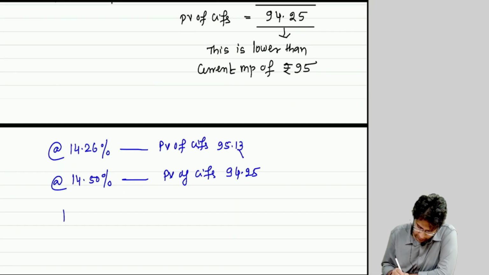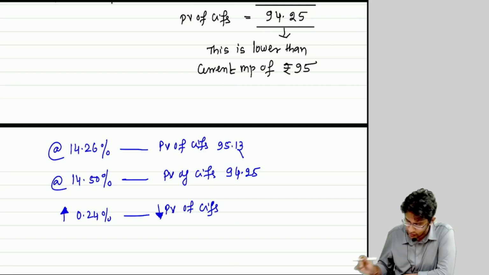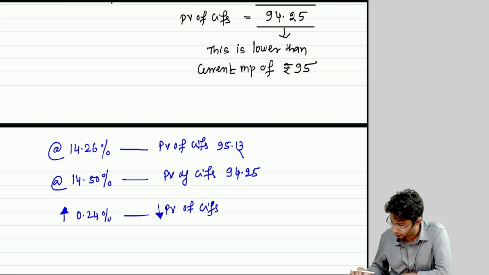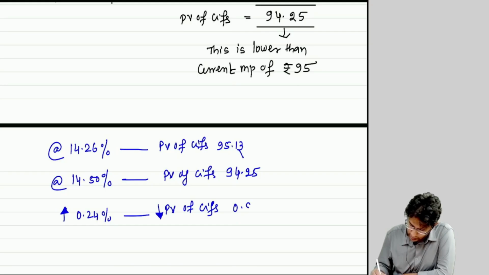So what you have to observe is, when I increased the discounting rate by 0.24%, PV of cash inflows will definitely decrease, of course. Decreased by 95.13 minus 94.25, 0.88 rupees.